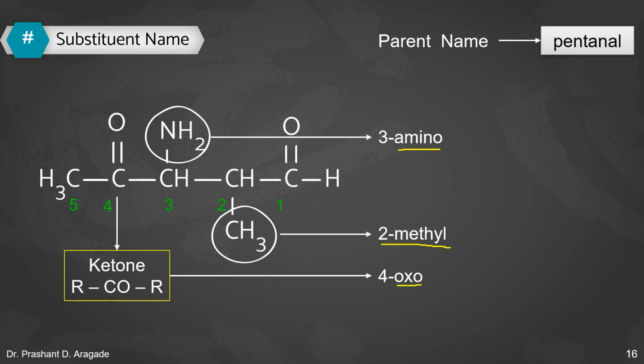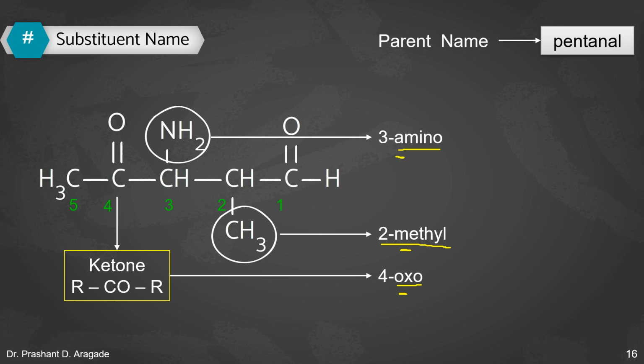So after identifying all the substituents, you have to arrange the names of substituents according to alphabetical order. See, methyl starts with M, oxo starts with O, and amino starts with A. So you have to arrange the names of substituents according to alphabets.